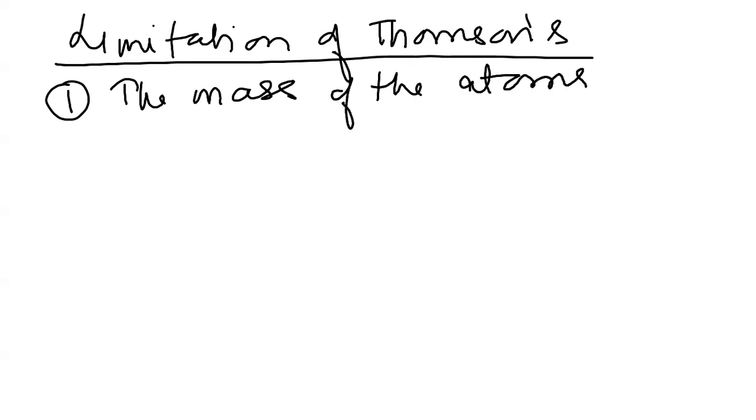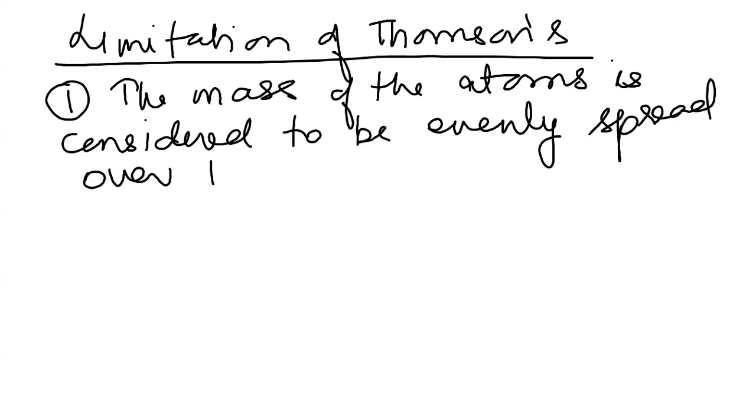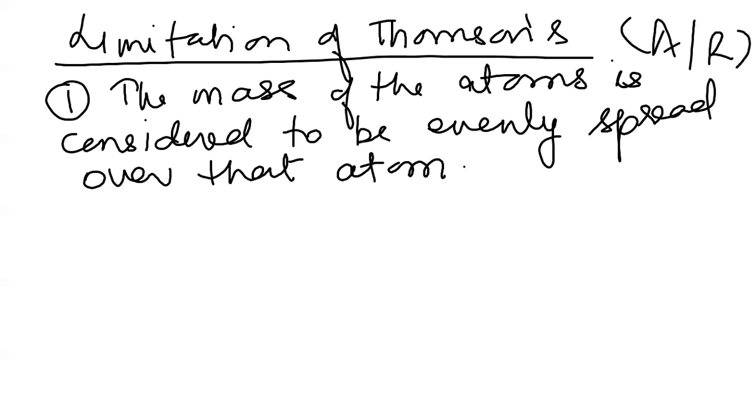The mass of atoms is considered to be evenly spread over that atom. And this is one of the assertion and reason questions of NEET. You are being asked various assertion and reason questions also.